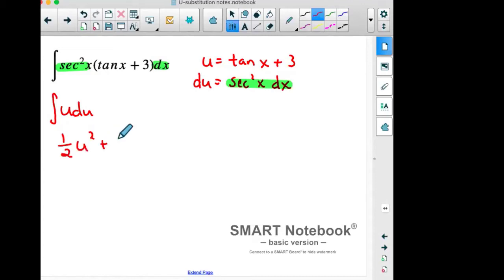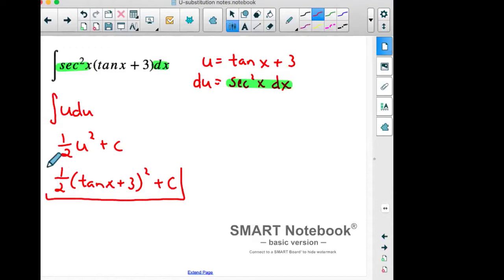Excellent. And so now I can substitute in u, which is tangent x plus 3 squared plus c. And you're done. So not so hard. You just have to recognize your inside function and make sure that what's left over, that you're multiplying that inside function by, is the derivative of that inside function.